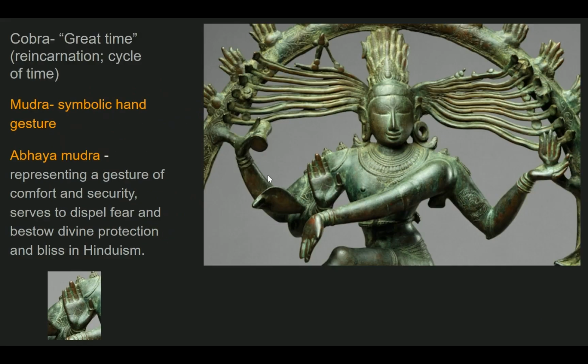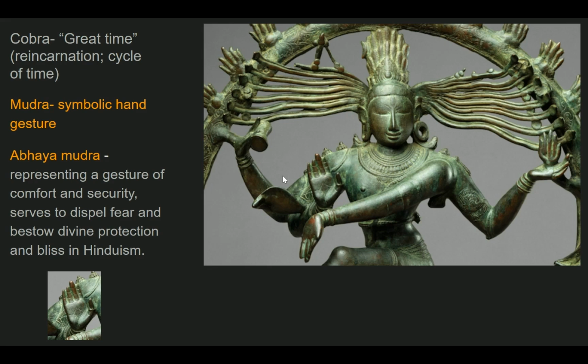Let's look at some other iconographical elements. So this cobra is described as great time, which refers back to reincarnation, the cycle of time. Mudra is the name for symbolic hand gestures, and the position of it is symbolic. And so in this case, we have the Abhaya Mudra right here, and that represents a gesture of comfort and security.